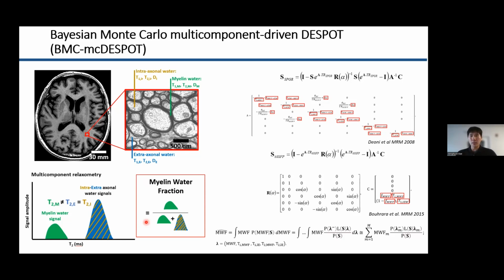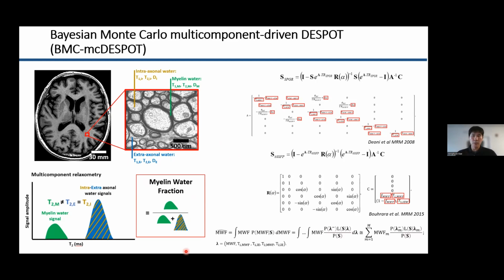Now, the BMC-mcDESPOT consists of two imaging sequences, spoiled gradient echo and balanced steady-state free precession sequences with different RF increments. Without going too deep into the mathematical formulation here, we can see different NMR properties are being estimated, such as myelin water fraction, T2 and T1 of the myelin and extracellular water, and off-resonance.